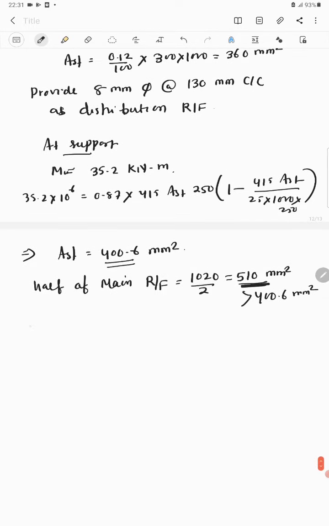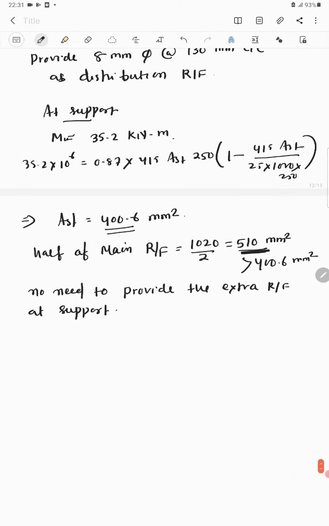Okay, so no need to provide the extra reinforcement at the support, because we are bending this main bars at the support. Each 50% of the alternate bars we are bending. Okay, so that can take the negative moment at the support.